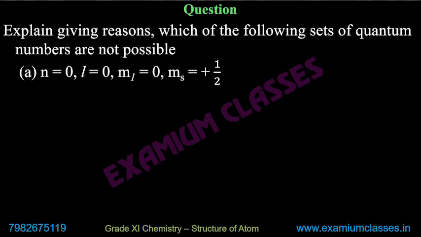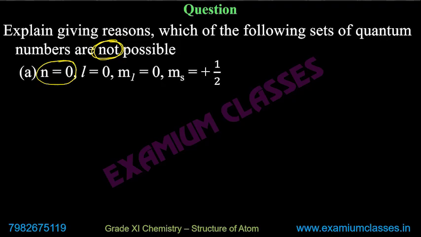Next question. Explain giving reasons which of the following sets of quantum numbers are not possible. So here you need to tell not possible. Now this one is not possible because n cannot be 0. There must be at least one shell. For example, hydrogen is the first element in the periodic table and it has just one shell, one electron.